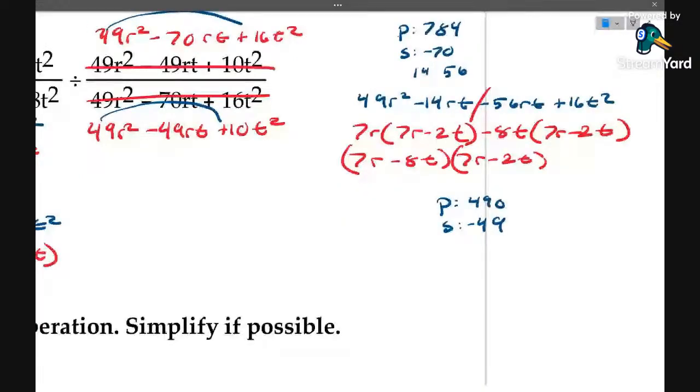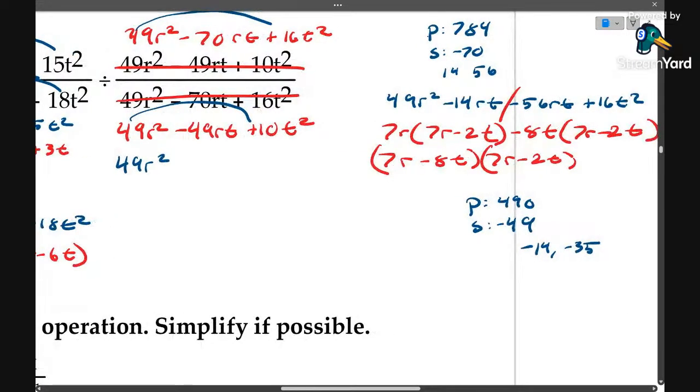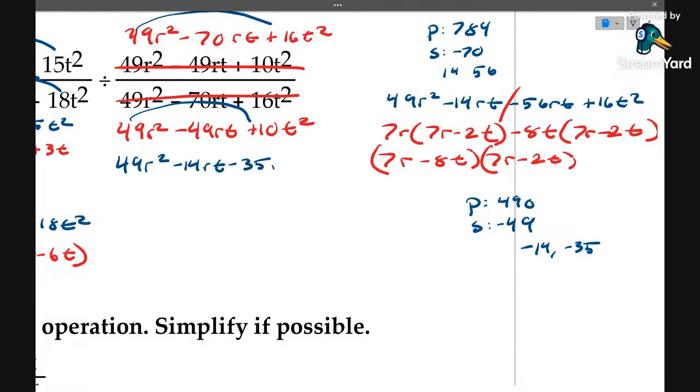And that'll be negative 14 and negative 35. So we can again split that: 49r squared minus 14RT minus 35RT plus 10T squared.